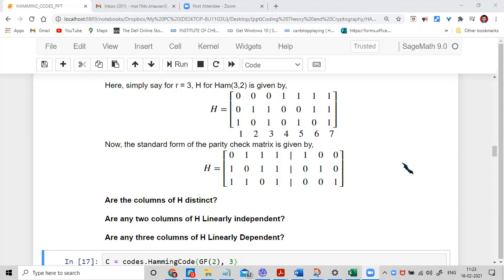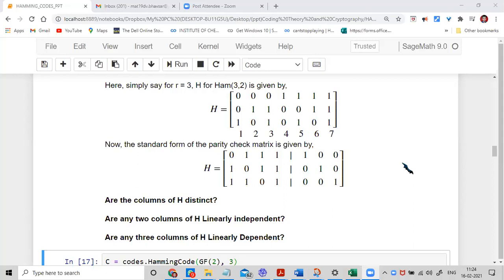Actually, you take two binary vectors. You know about non-zero scalar multiples, but here we are over the binary field, so only 1 and 0. So all columns are non-zero, first thing.